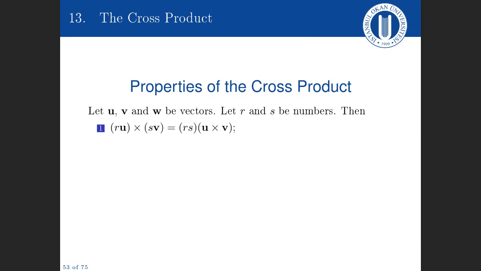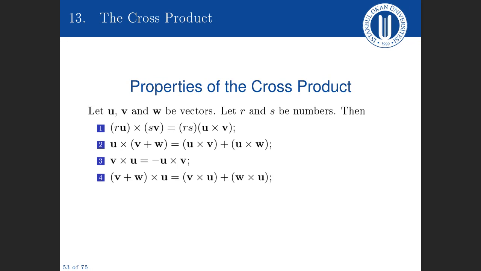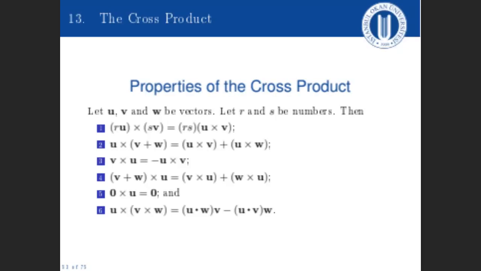That's the same as RS multiplied by U cross V. U cross V plus W, similar for numbers, same as U cross V plus U cross W. V cross U is minus U cross V. I'll talk about that in a moment. V plus W cross U is the same as V cross U plus W cross U. 0 cross U is always the 0 vector.